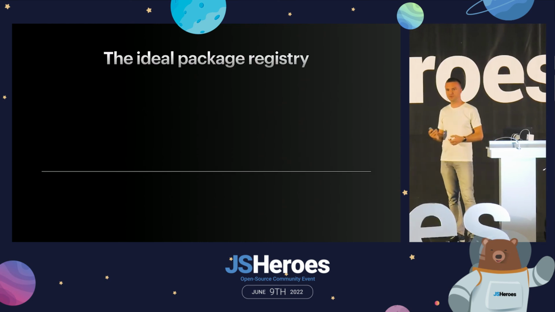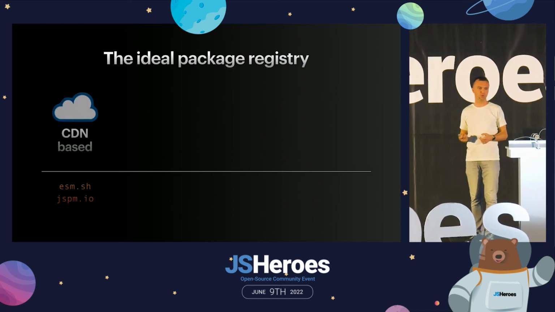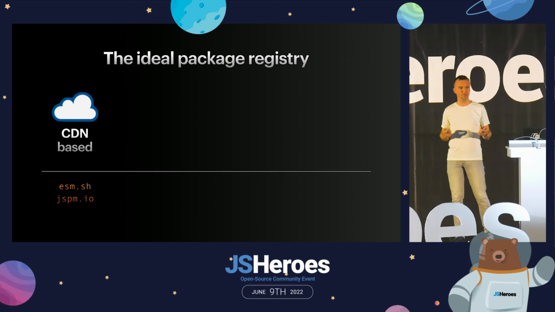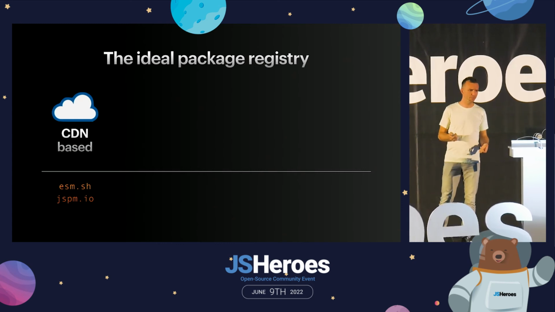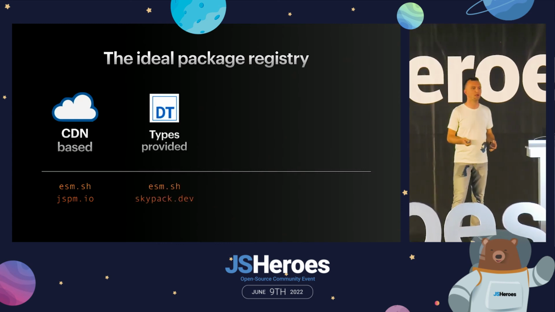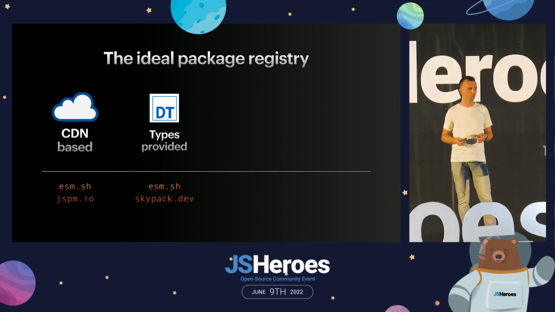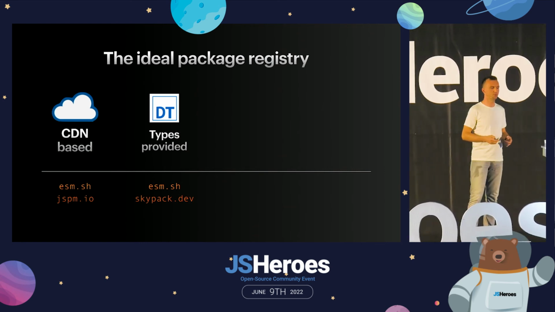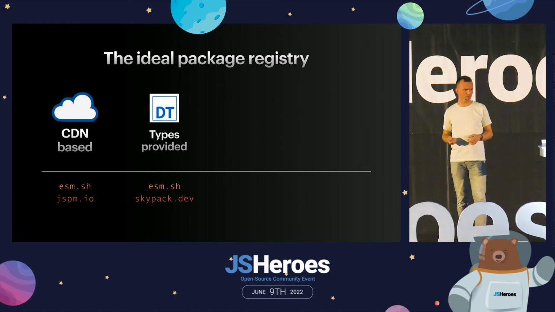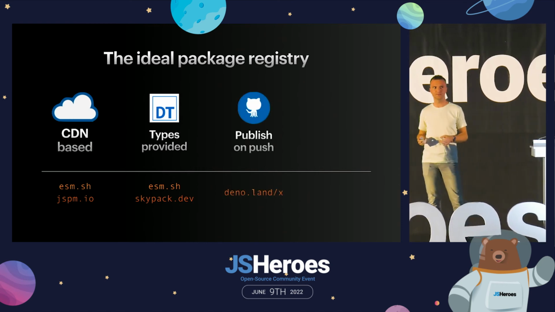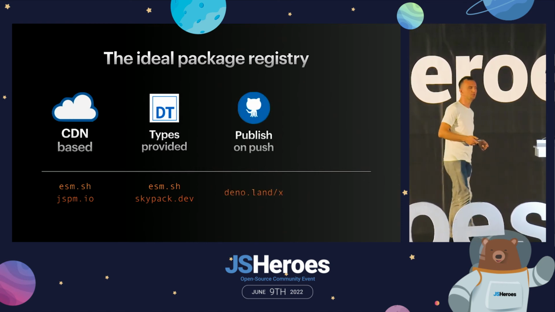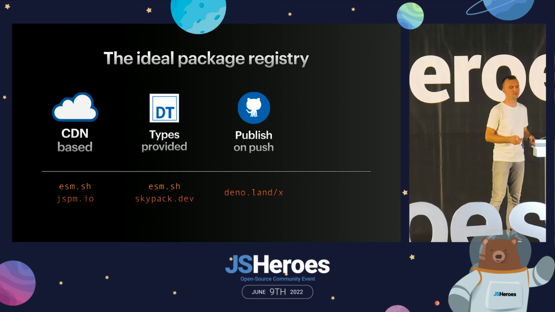The ideal package registry might be, from what we talked about, CDN-based, so it can be easily accessible. It should have those types provided. They also do this right now. Those CDNs already do that. It would be ideal to publish easily, like Deno CDN does this.